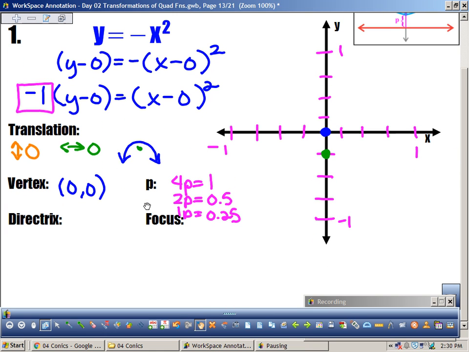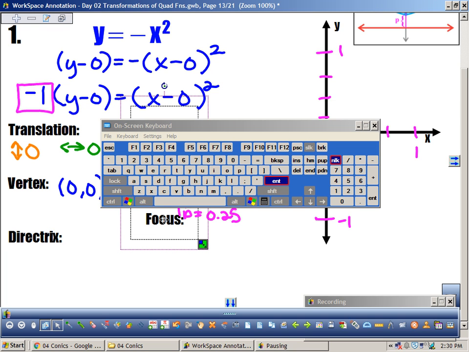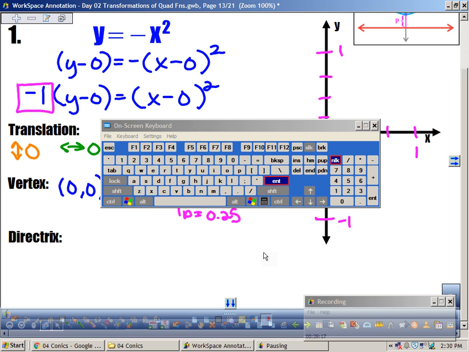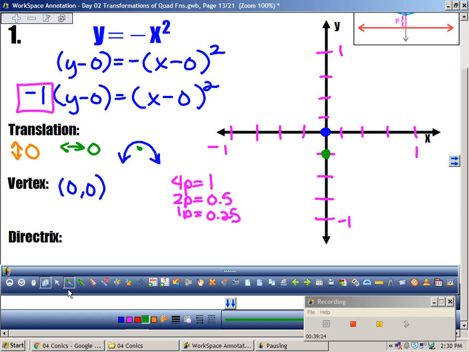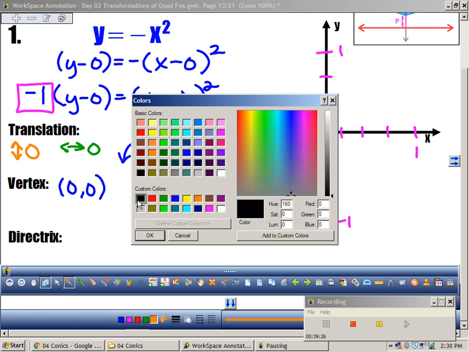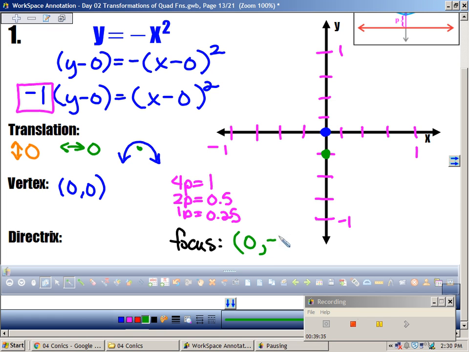So my focus is going to be at 0, negative 0.25, or you could write negative a quarter if you wanted to.